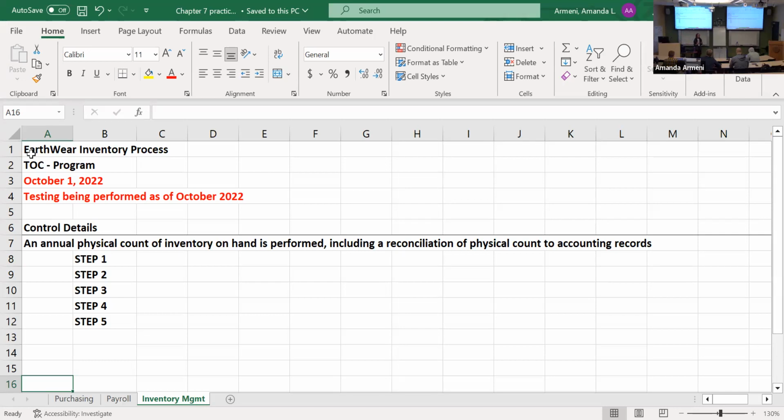So all manufacturing organizations perform this control, or they should. At the end of an accounting period, they should be performing a physical inventory count. It literally means they count the inventory that they have on hand, both finished goods, work in process, and raw materials. And then they reconcile the count that they physically, like people literally going around and counting stuff.